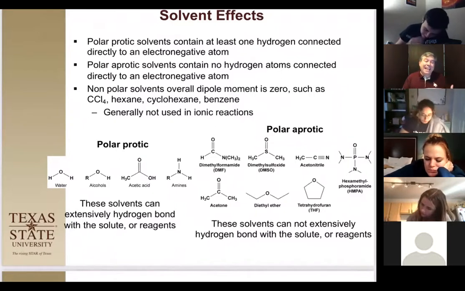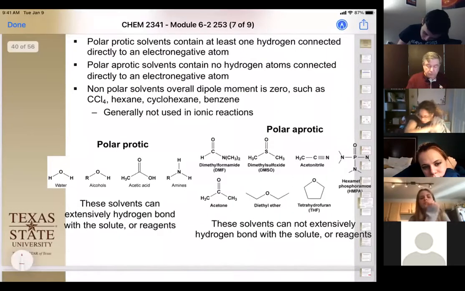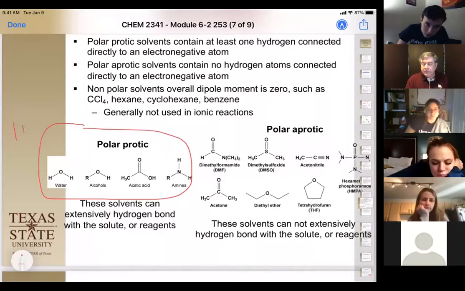We have a solvent that can hydrogen bond, and we have a solvent that can't hydrogen bond by itself. Things can hydrogen bond to it, but it can't bind. So think of our polar protic solvents as hydrogen bonding, and our polar aprotic solvents as dipole-dipole.